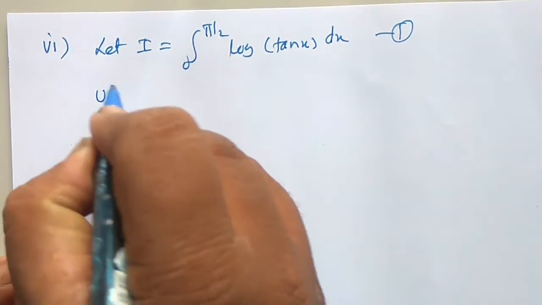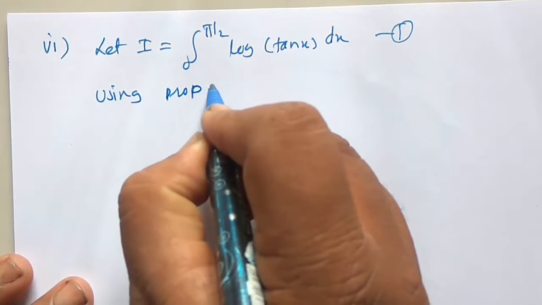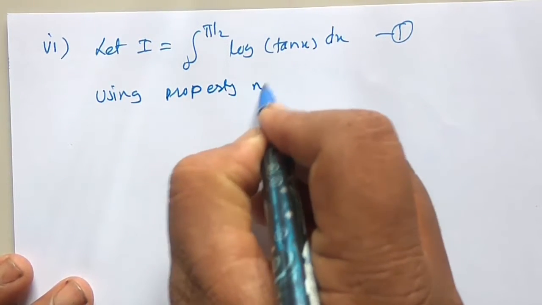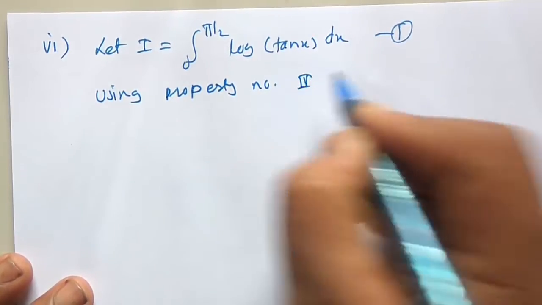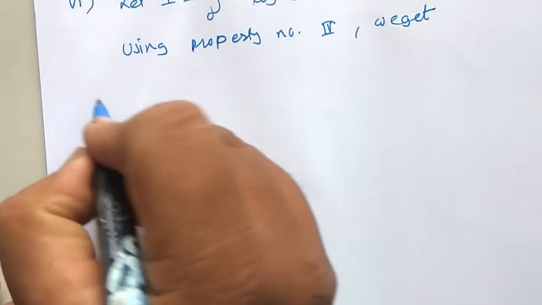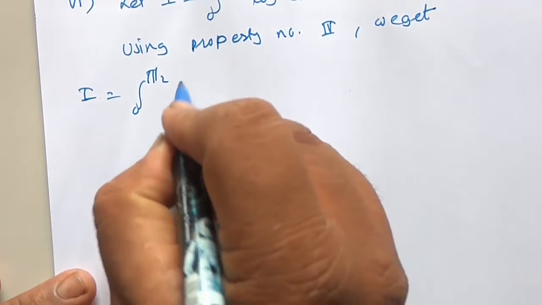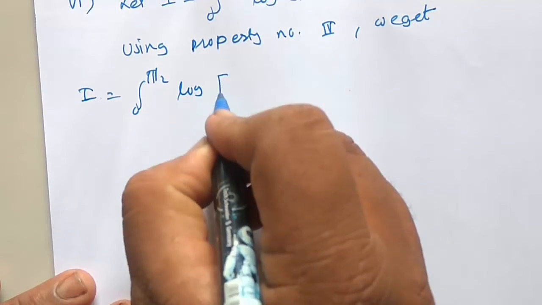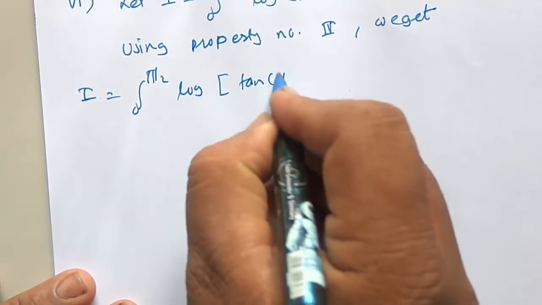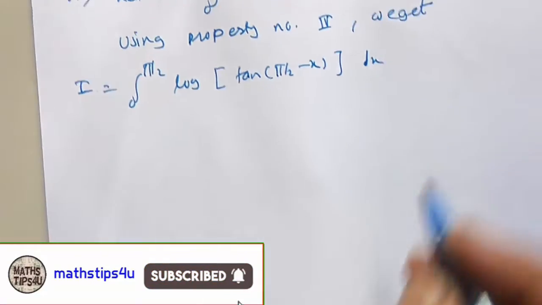So using property number 4, we get I is equal to 0 to pi by 2 log of bracket tan pi by 2 minus x dx.